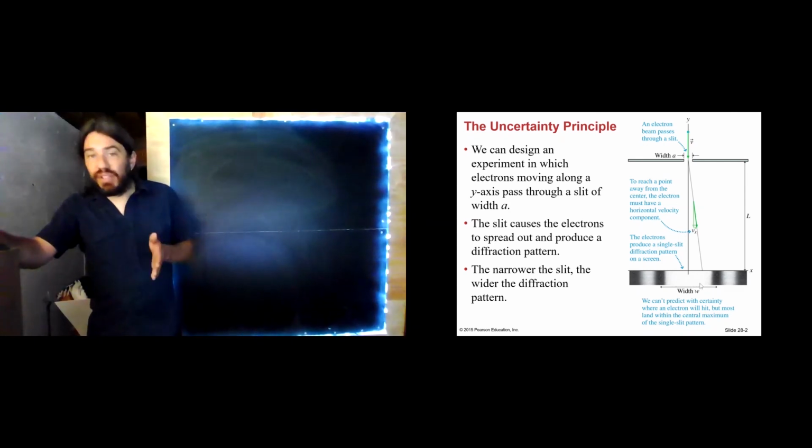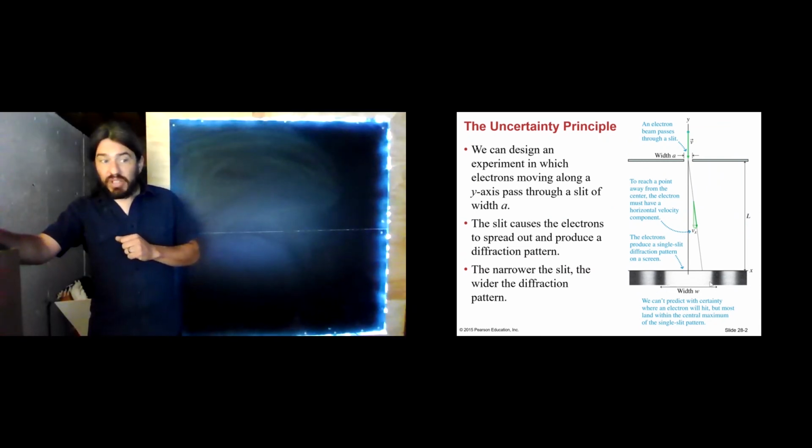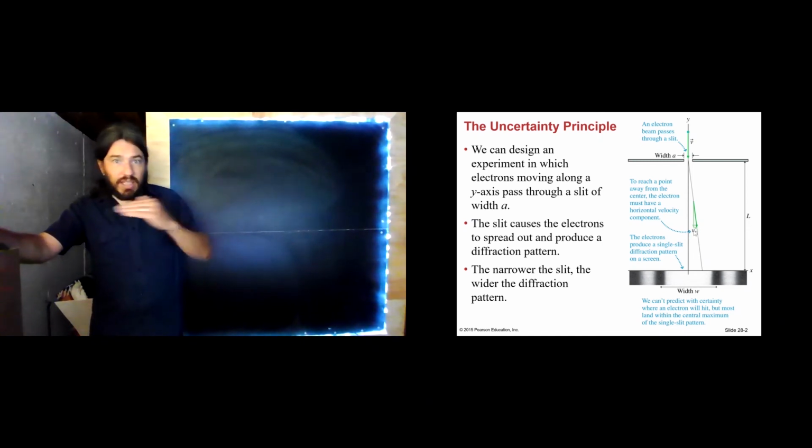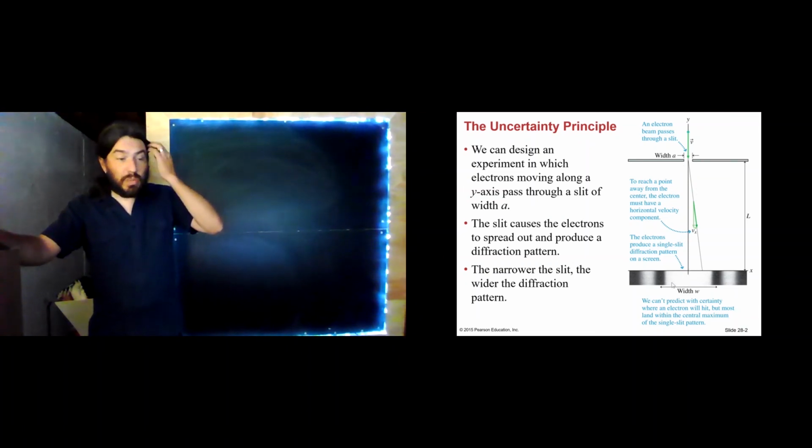We can't predict with certainty where an electron will hit, but most of them land within this first bright spot here. In order to do that, they must have some velocity in the sideways or x direction. We know they're moving in the y direction because they make it from the slit down to the screen. But in order to have this spread, some of them must have some velocity in the x direction.